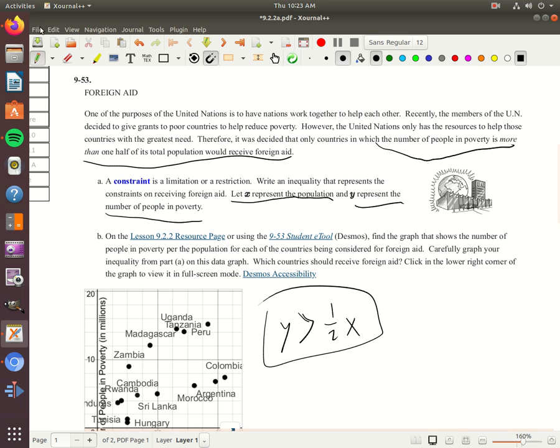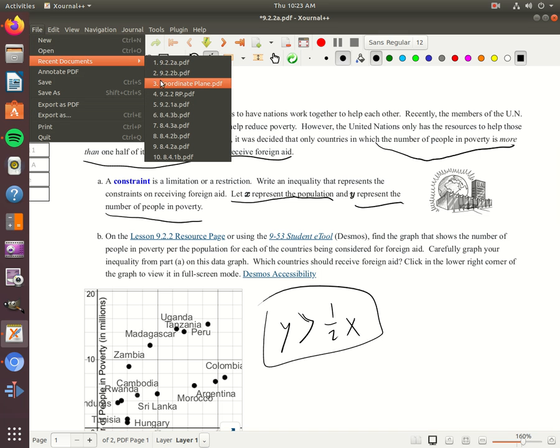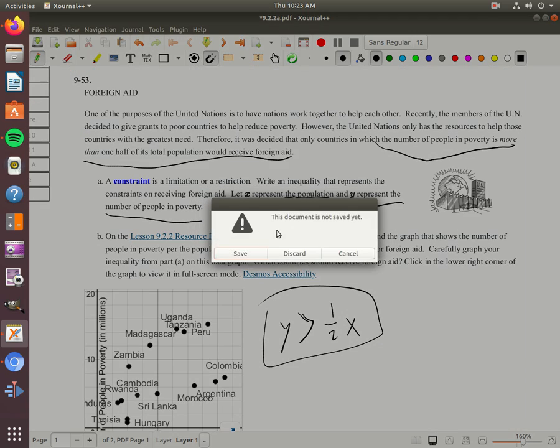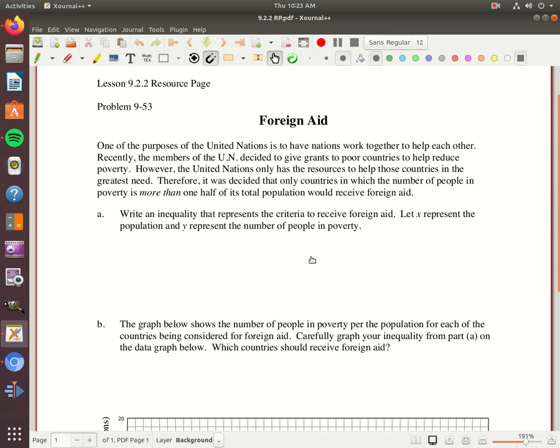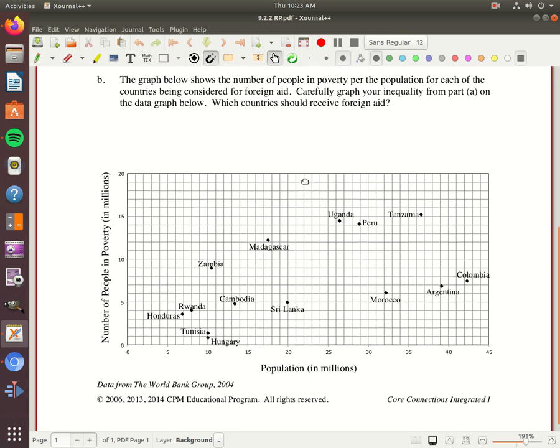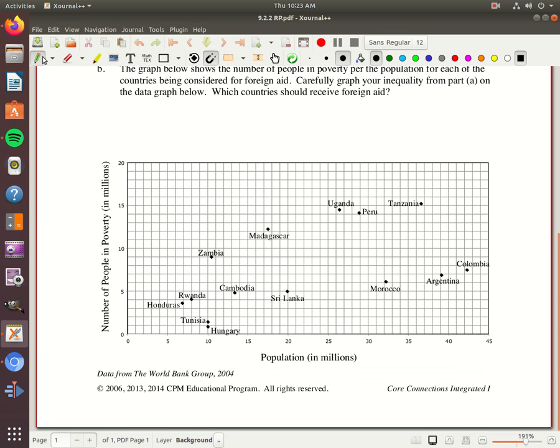So we will jump over to this resource page and answer that question. You can see it's the same kind of question there. So we're going to say Y is greater than 1/2 X. If you remember, the number of people in poverty has to be more than half of the total population. So I'm going to go up 1/2, up 1/2.